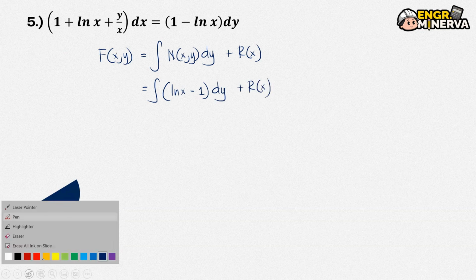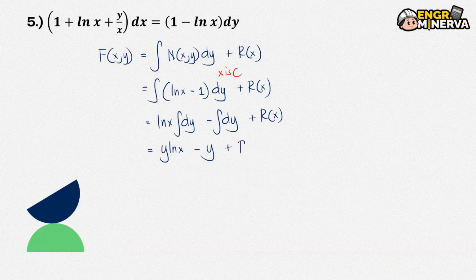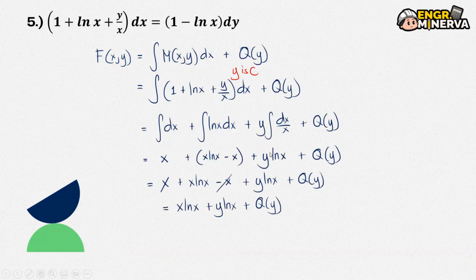Since we are integrating with respect to y, x is constant. So that would be the integral of ln of x dy minus the integral of dy plus a function of x. So that would be y ln of x minus y plus a function of x.